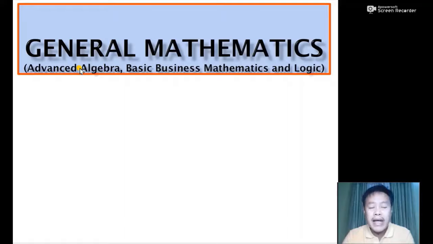Advanced Algebra is different from that of the Elementary Algebra and Intermediate Algebra. Elementary algebra deals with the fundamental operations on integers and fractions, and it also utilizes simple polynomials.